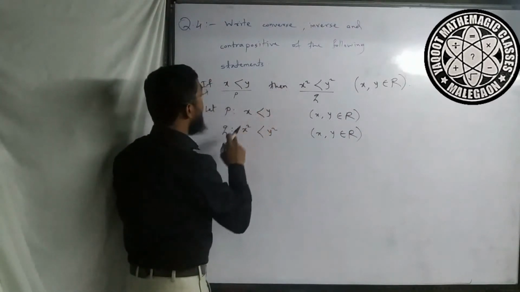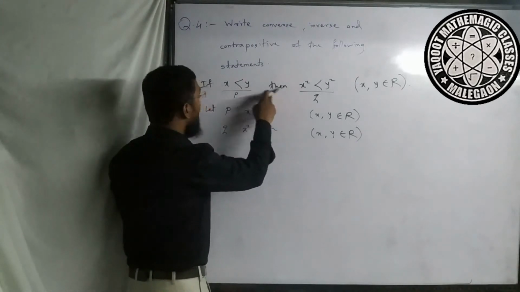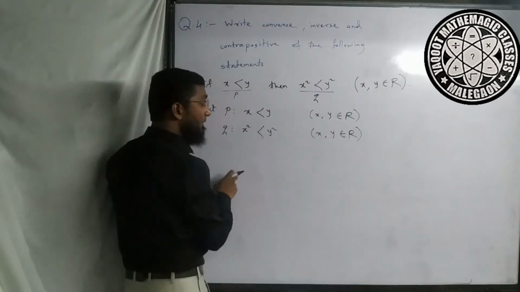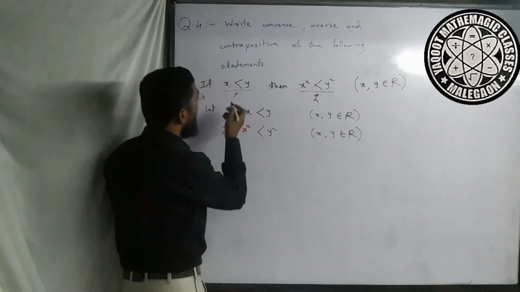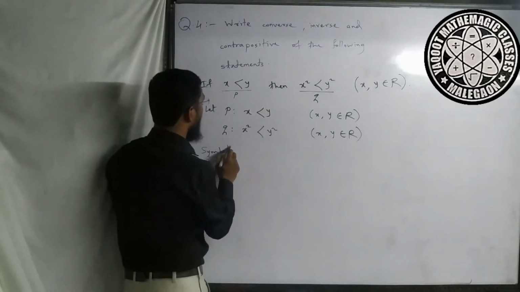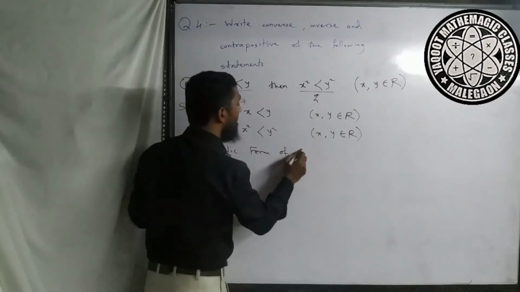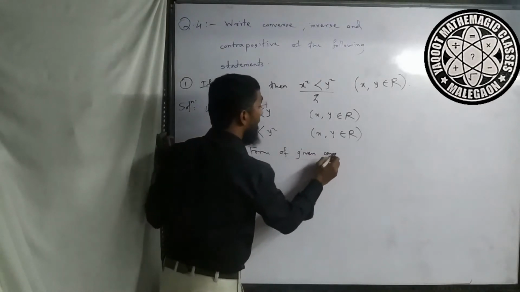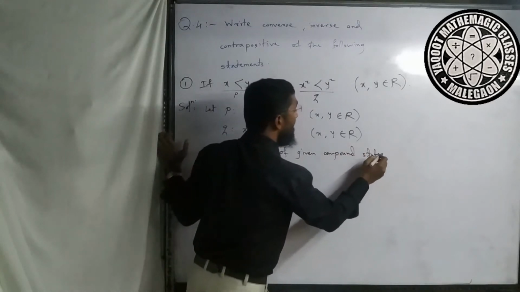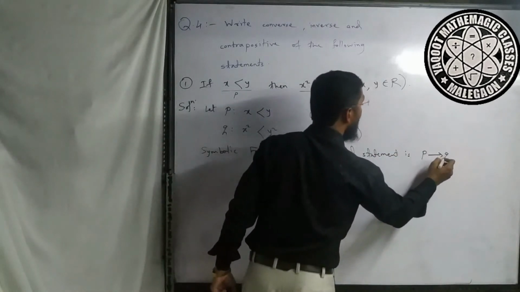Both the statements are connected by means of the words if then. So the symbolic form of the given compound statement is P implies Q.